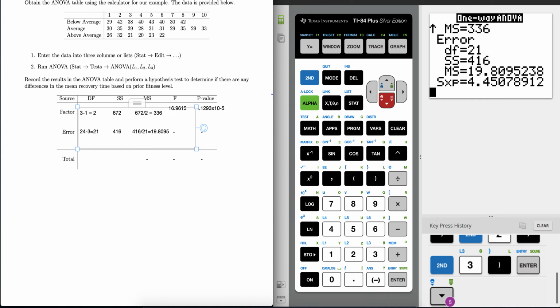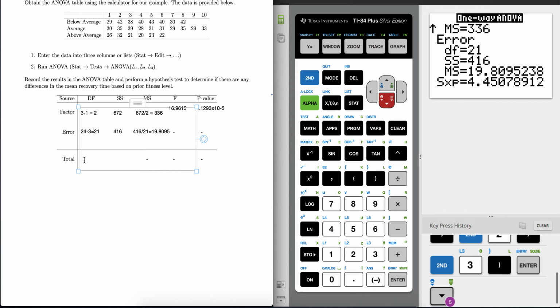Then our values for the test statistic, just leave that blank in these columns. P-value, leave that blank. Mean squares total, leave that blank. But let's fill in the values here for total. So they don't give that on the chart, and this SXP, just ignore this value for now. We're not going to use that for anything in this class, so I don't want to get into that.